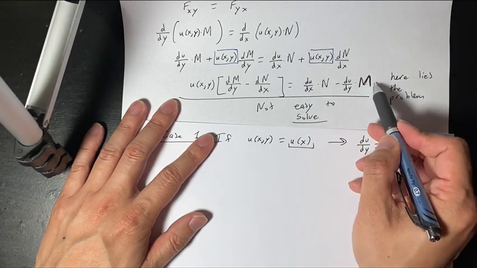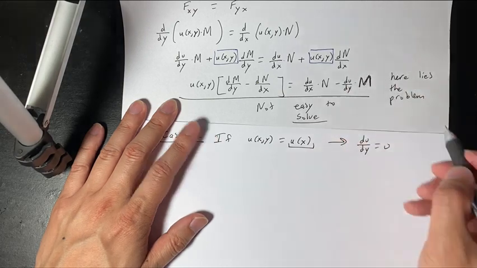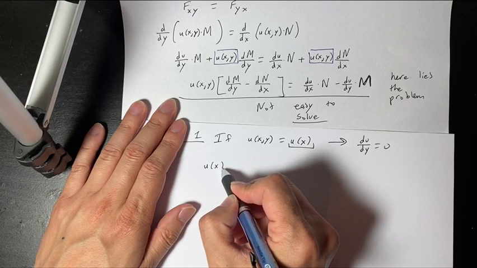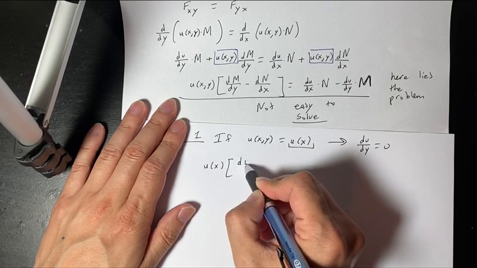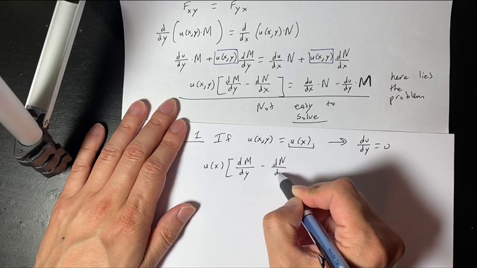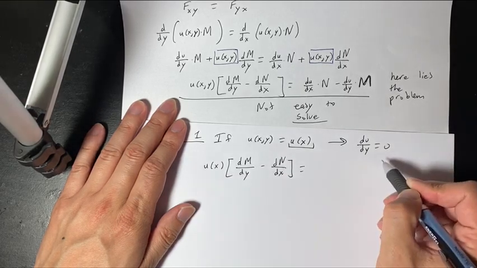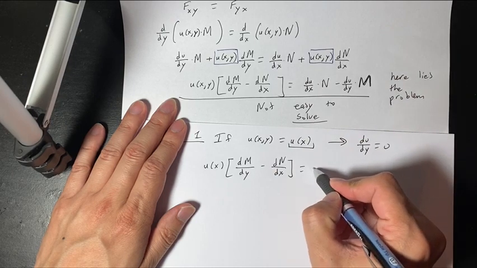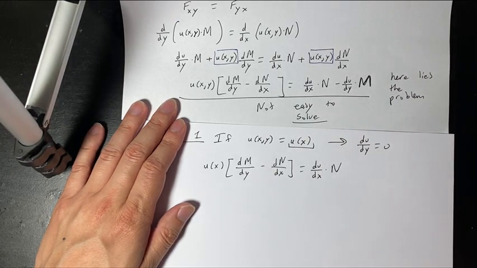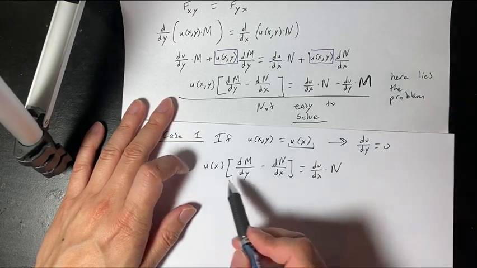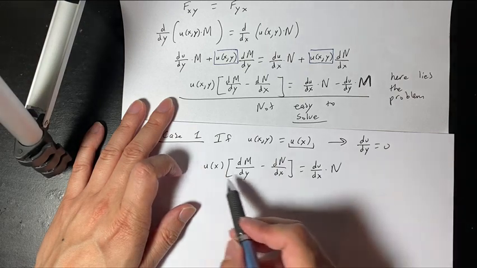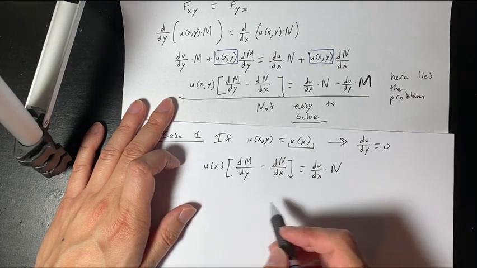Here's du dy, so if this is 0, this whole thing is 0. So then you have u of x times dM dy minus dN dx, and that's equal to du dx times N. And it turns out this guy is separable. So here's my du. I'm going to move this u of x over to the right side.